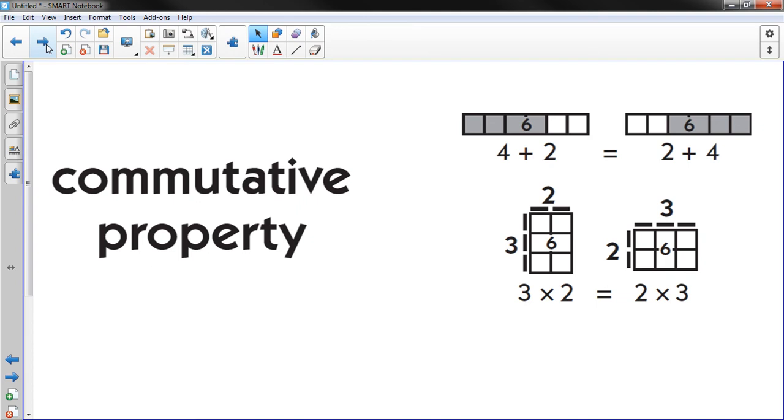Basically what we're doing is a property of mathematics called the commutative property. And this property works in addition and in multiplication. And basically the visual on the right over here is showing us what we were just working on there. So for addition, for example, 4 plus 2, which is equal to 6, is equal to 2 plus 4.